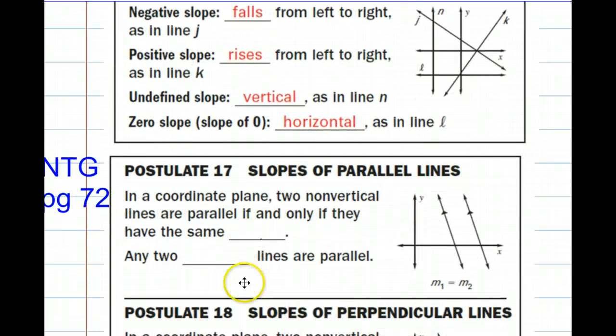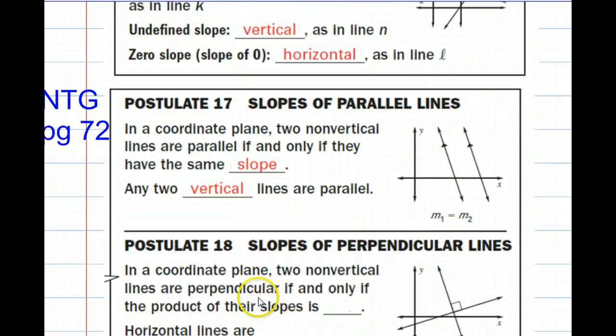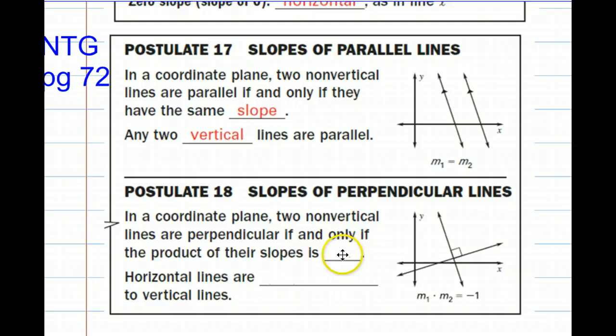What we also talked about earlier in the semester is that if lines are parallel, then they have the same slope. So any two vertical lines are parallel, and any two lines that have the same slope, m1 equals m2, are parallel, and we indicate that with the little parallel markings. For the slopes of lines that are perpendicular, we know that their slopes are negative reciprocals, or another way to look at it is if I multiply the two slopes together, I get a product of -1.